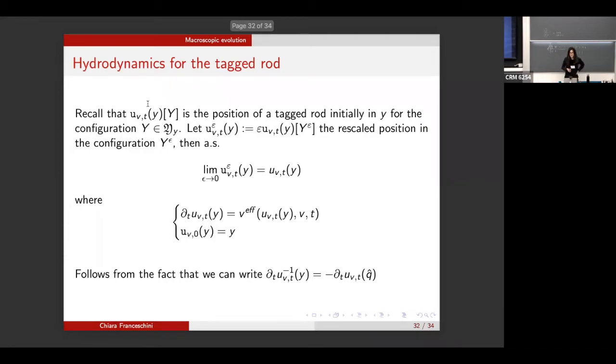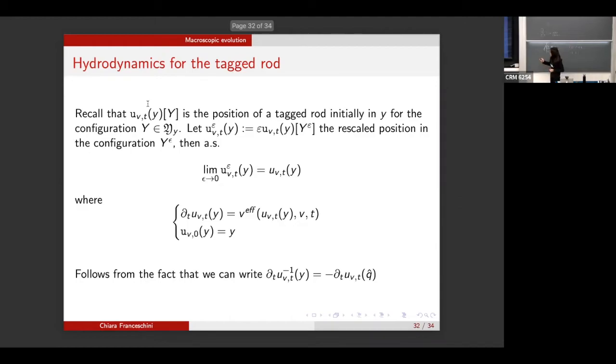And then as epsilon goes to 0, this object converges to something which is again a solution of a PDE. In particular, the time derivative of the tag rod is, as you expect, the effective velocity of the rod. The initial condition is the position of the rod at time 0.